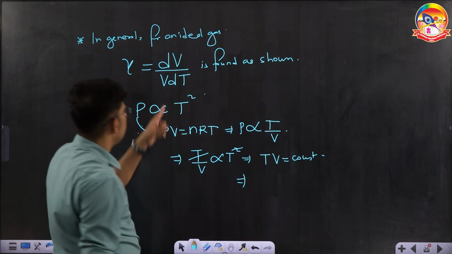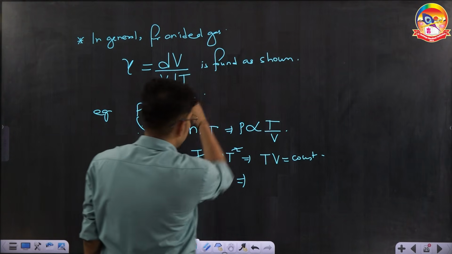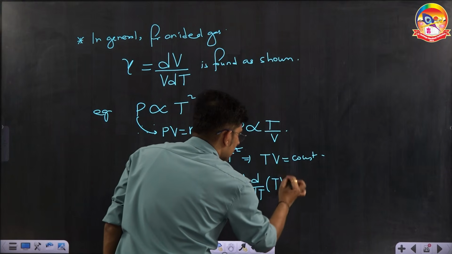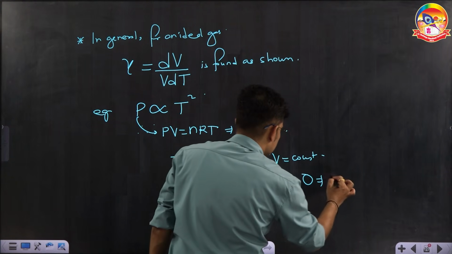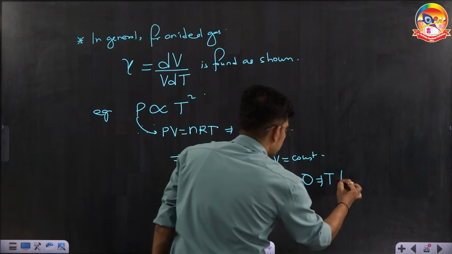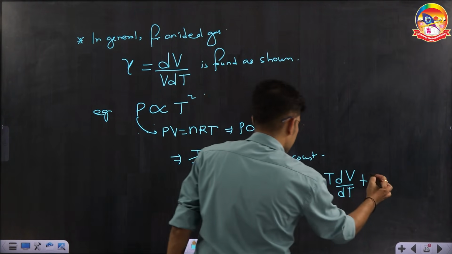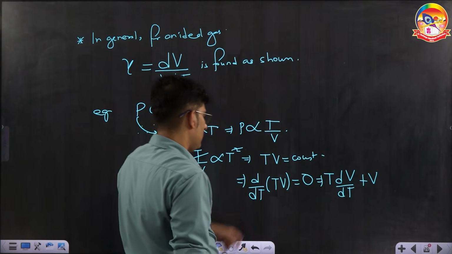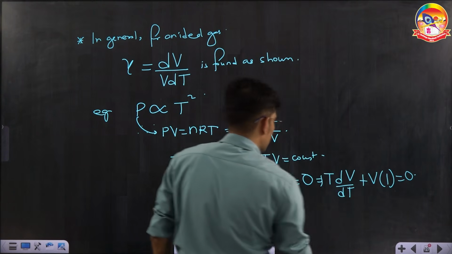Now you can differentiate it because we want dV by V dt. So just differentiate both sides with respect to temperature. Here we will get 0. So first you will put dt, T constant, you get dV by dt. Plus now you take V constant. So we have dt by dt, which is 1, is equals to 0.